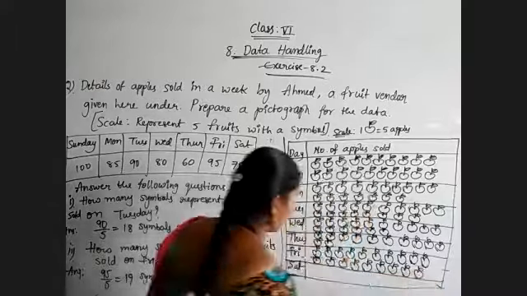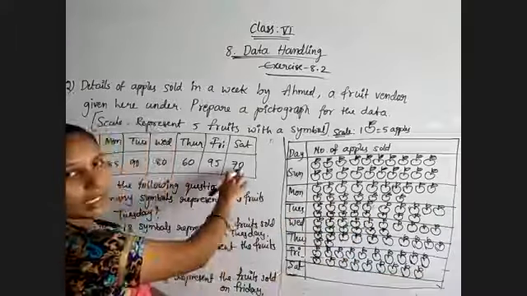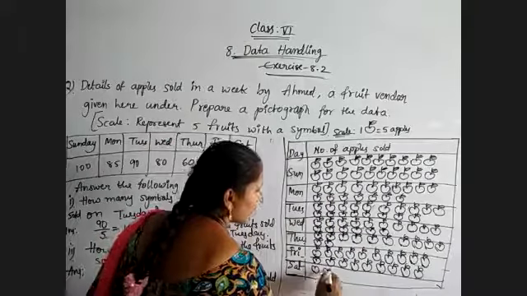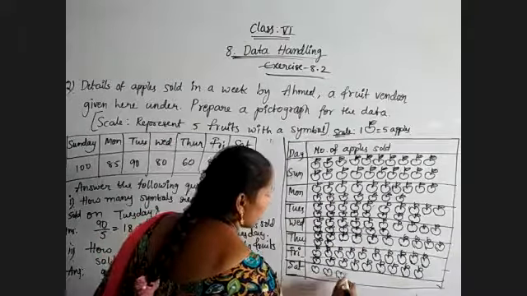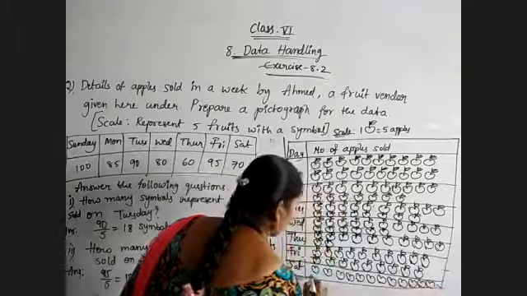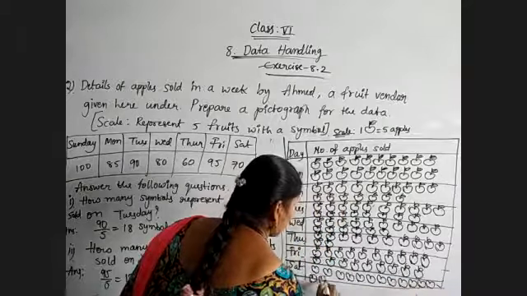So totally 19 symbols. And on Saturday 70 given. So 14 fives is 70. 14 symbols we have to draw. 1, 2, 3, up to 14. So all 14 over.